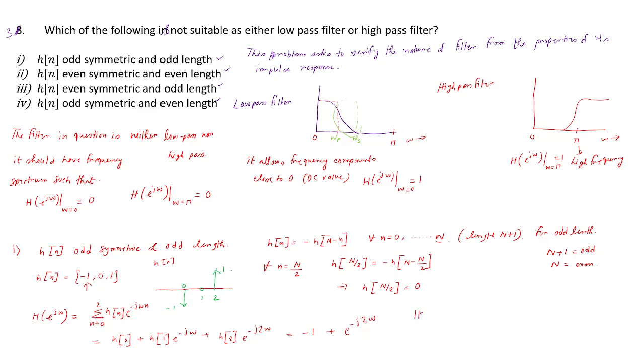Therefore the value of H(e^jω) at ω equal to 0 is minus 1 plus e to the power minus j times 0, minus 1 plus 1, which is 0. So this is not a low pass filter, not an LPF. Now I have to check the high pass filter criteria.